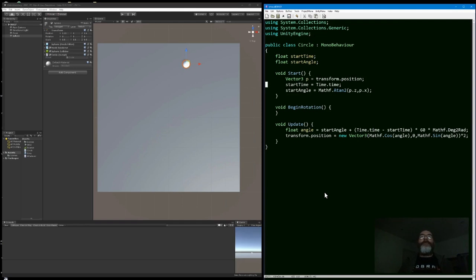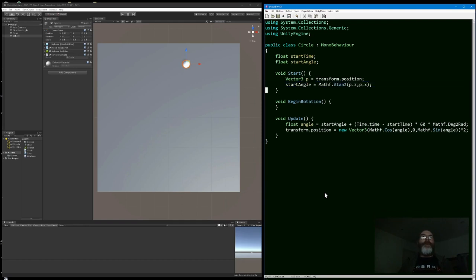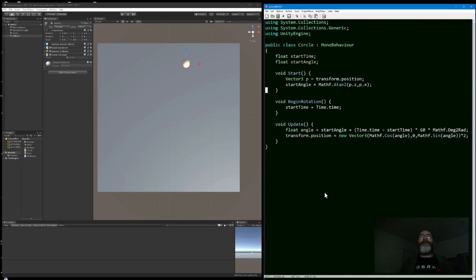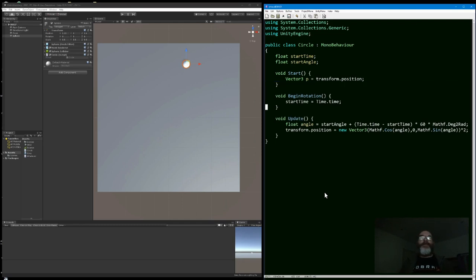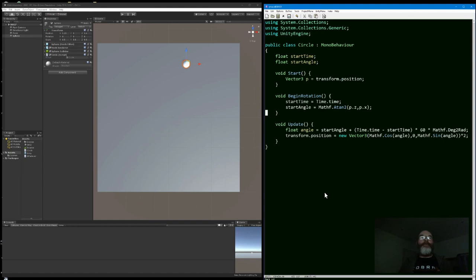And for this I need to remember the start time when I began the rotation, and then I also want to know the start angle when I began the rotation.